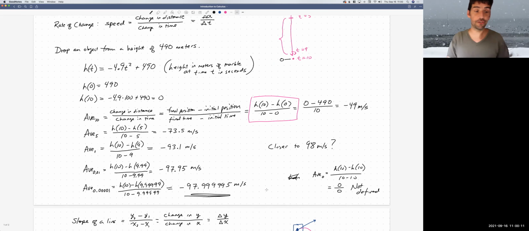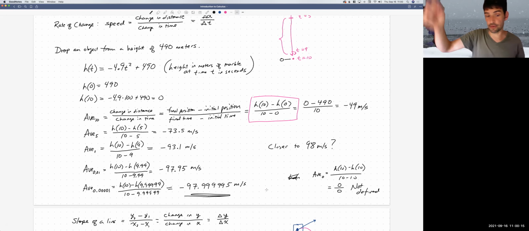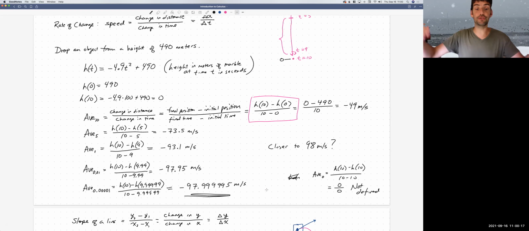That these numbers, for instance, of this average speed of our marble dropping was getting closer and closer and closer to 98. Can we show that it actually is going to keep getting closer? That I'm never going to go down to 0.00000001 and all of a sudden it's going to jump over 98. Do I know that it's actually going to 98? This idea of going towards.